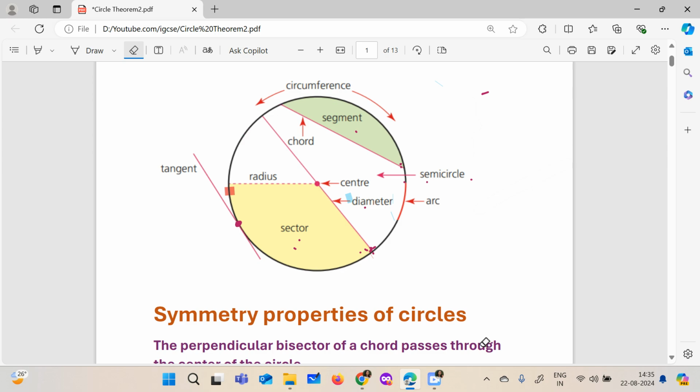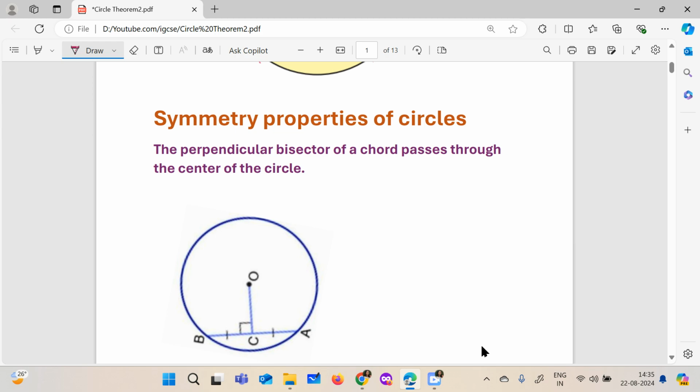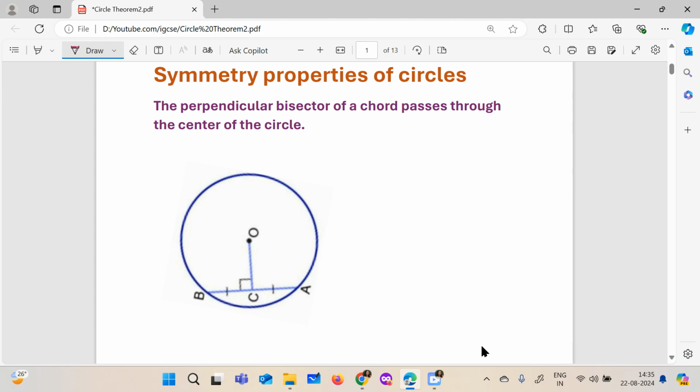Now let's start with the circle theorem. You have symmetry properties of a circle. So what is this? See, the perpendicular bisector of a chord passes through the center of the circle. Here you can see we have a chord AB.